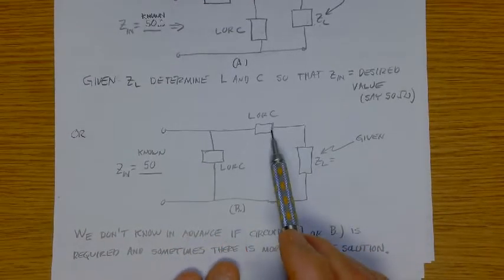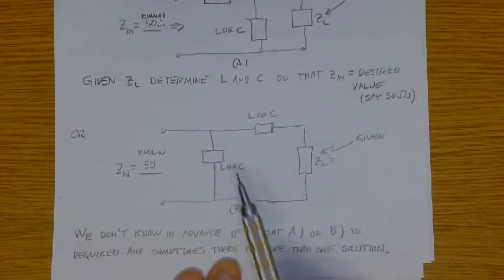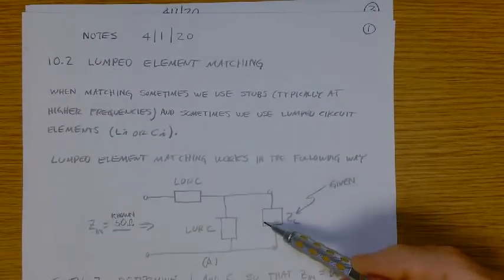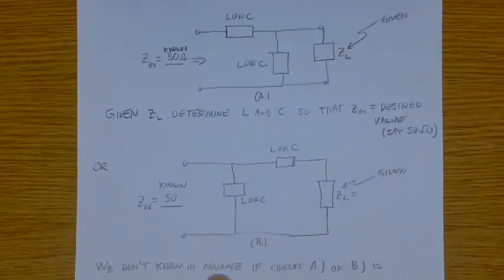Alternatively, it might be required, or it might be an alternative solution, to lead with a series element and follow with a shunt. You don't know in advance necessarily whether you need this topology or this topology, but you can figure that out as you go along, again using the Smith chart.